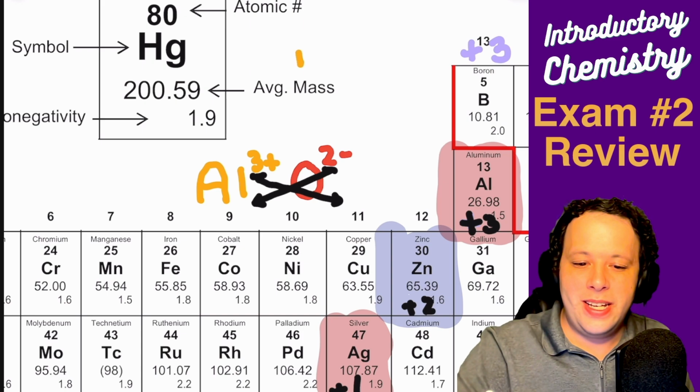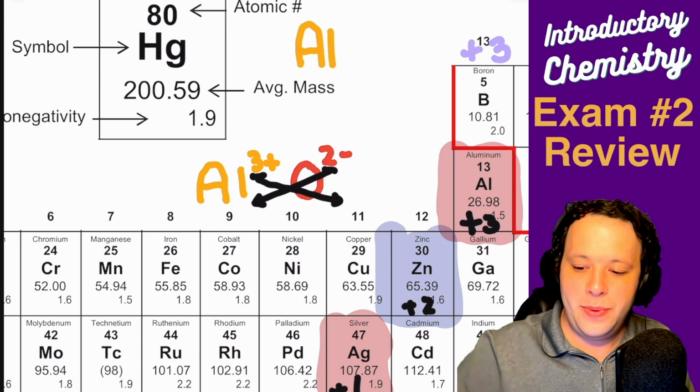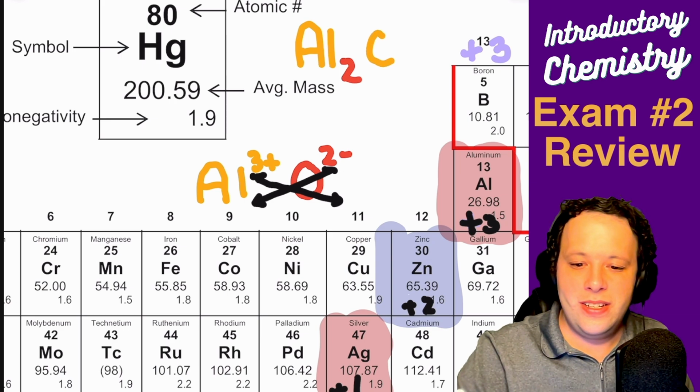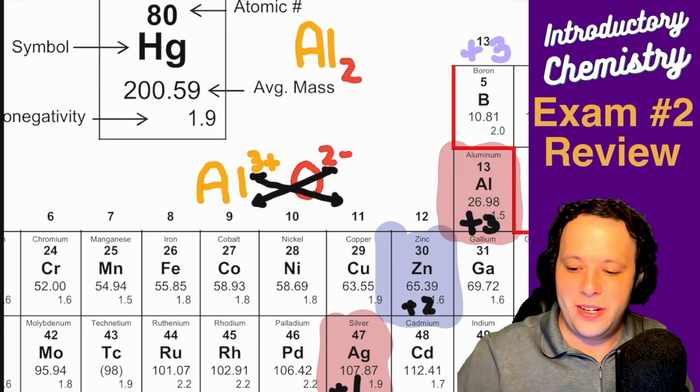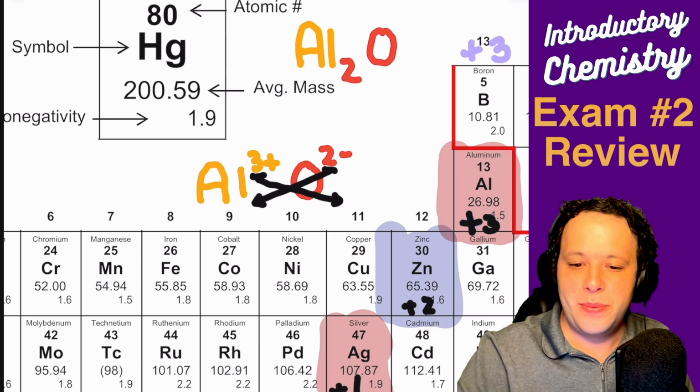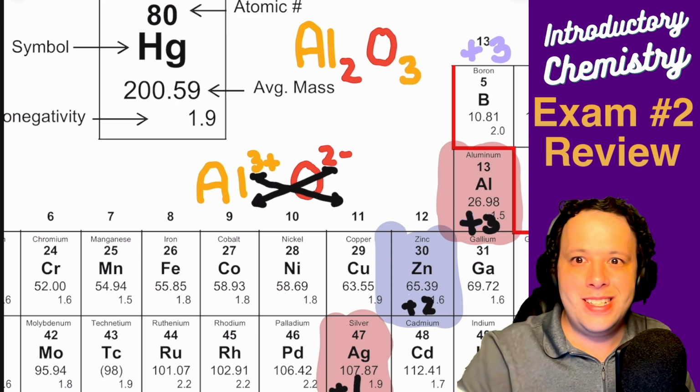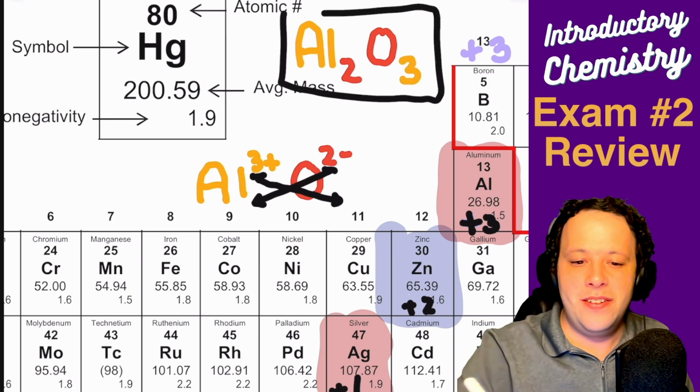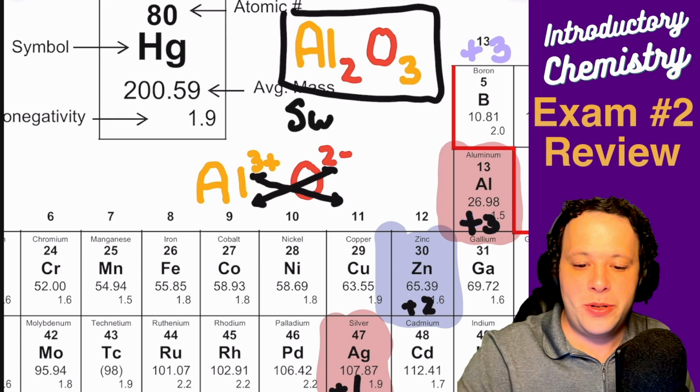So we rewrite it, and we have aluminum 2 and oxygen 3. We see that those subscripts are being traded, and as a result, it balances the ionic charge of our formula. So this is our swap drop.